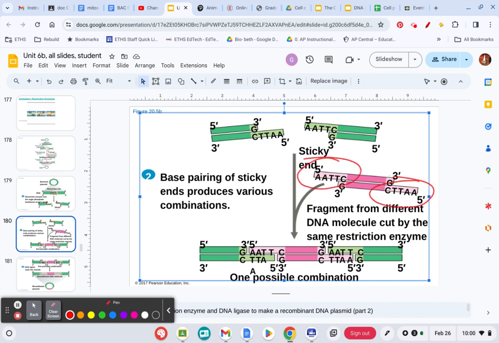It still has the AATT sticky ends, and now you can put it into this piece up here, and you end up with, now where that loop was open, now it's closed, but that closed little pink part is with the DNA that came from a different organism. Okay, so now you've got DNA from two different sources.